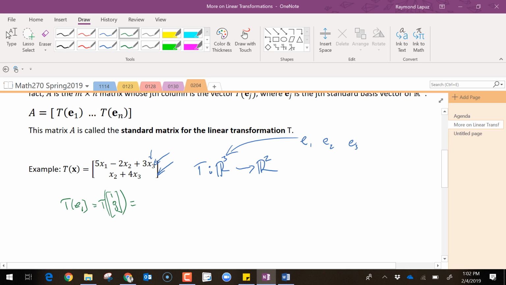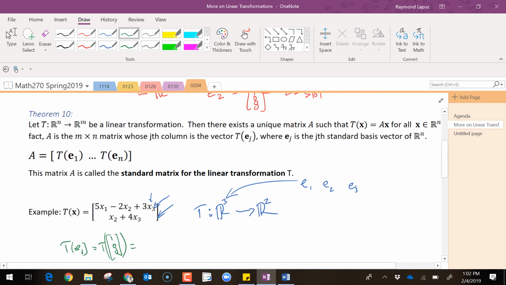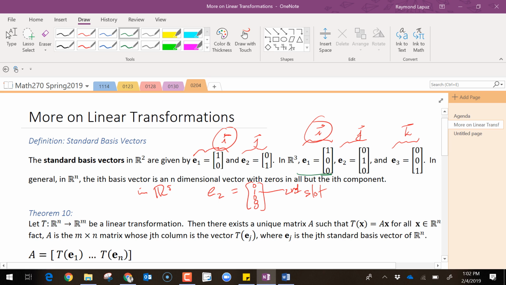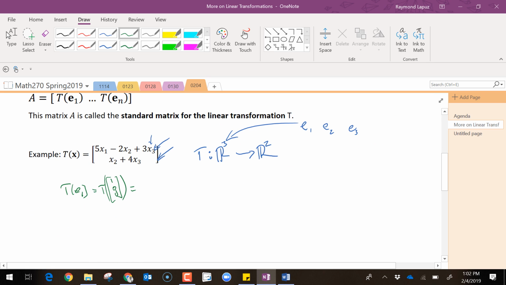So x1 is equal to 1. Why is it 1? Well, this is just the E1 that I'm putting in, and then it'll come out to be 5, 0.